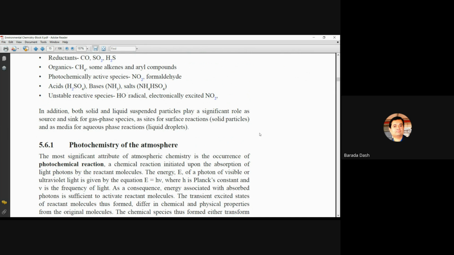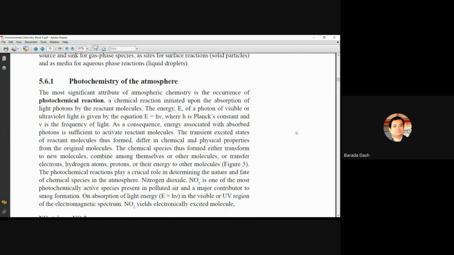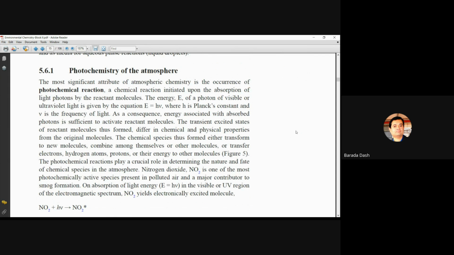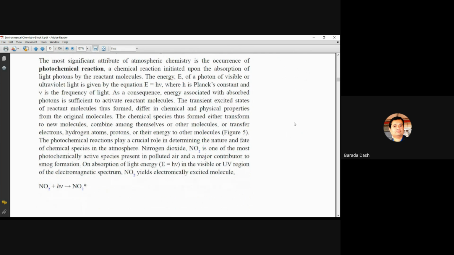Photochemistry of the atmosphere. The most significant attribute of atmospheric chemistry is the occurrence of photochemical reactions. So what is a photochemical reaction? E equals h nu. You know, energy is quantized. So the energy E of a photon of visible or ultraviolet light is given by E equals h nu, where h is Planck's constant and nu is the frequency of the light.